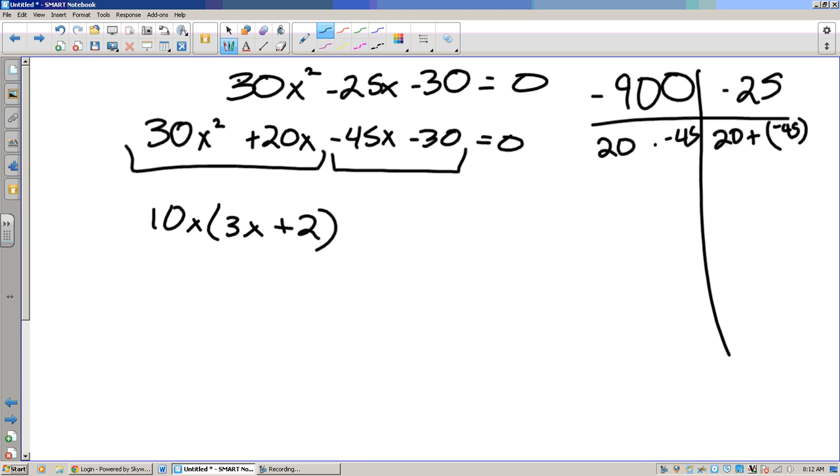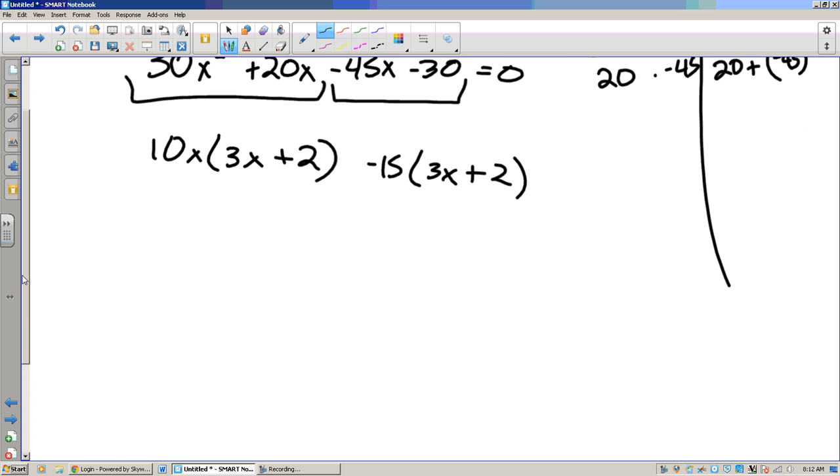I'm going to factor out a negative 15, which gives me 3x plus 2. So I know I've got 10x minus 15 times 3x plus 2.